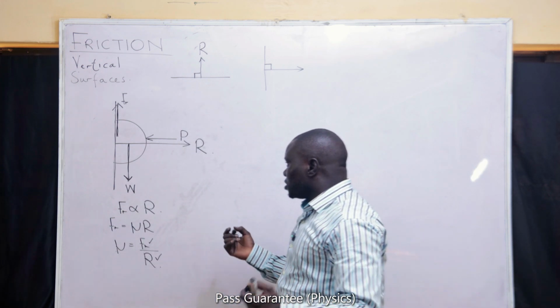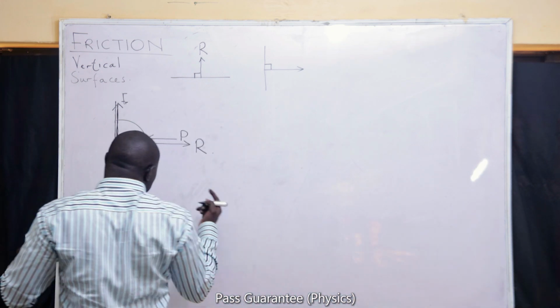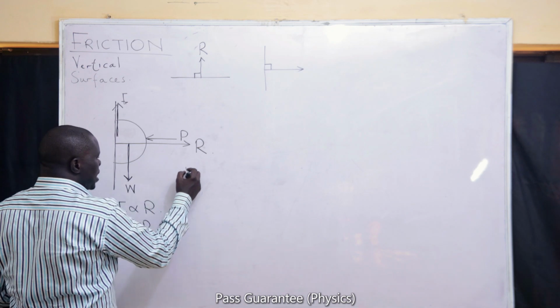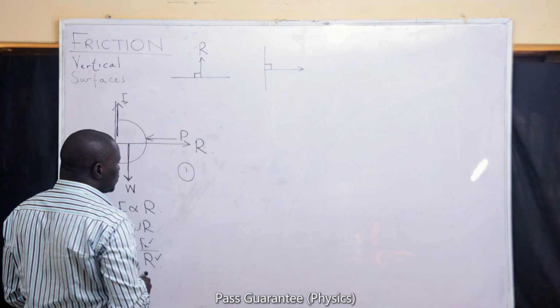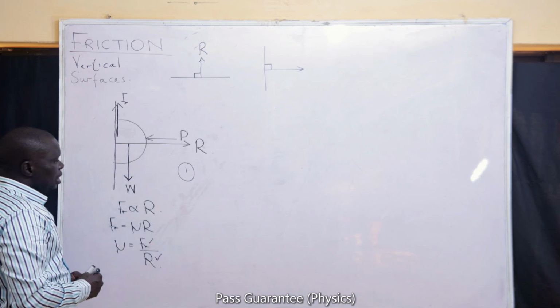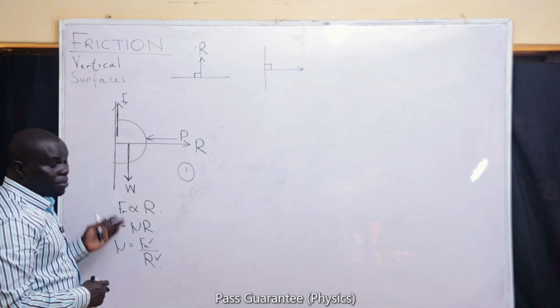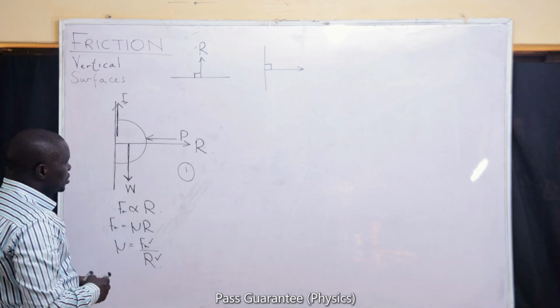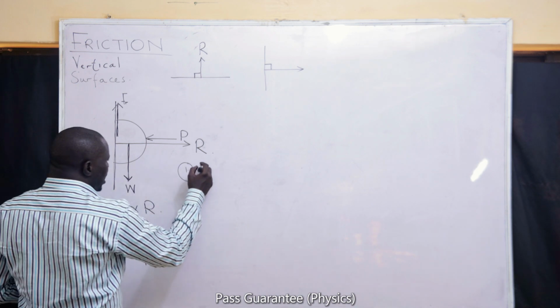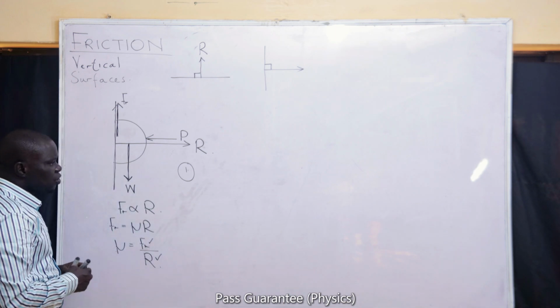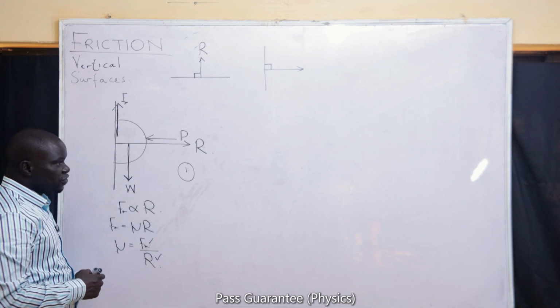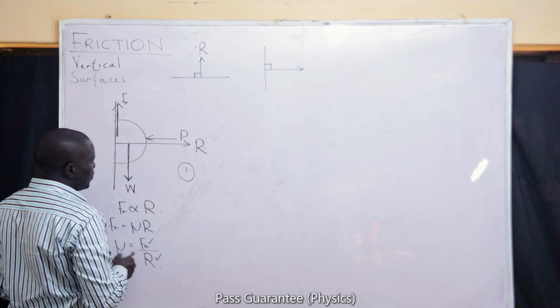Now, for the three cases that we have discussed under horizontal surfaces, let us look at those that can also apply to vertical surfaces. Number one, can we have a situation where the force that is trying to create the motion is less than the friction?